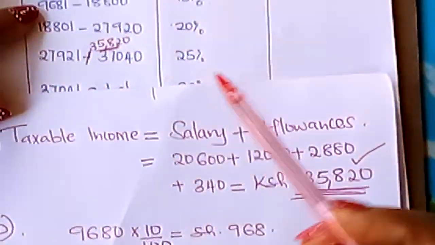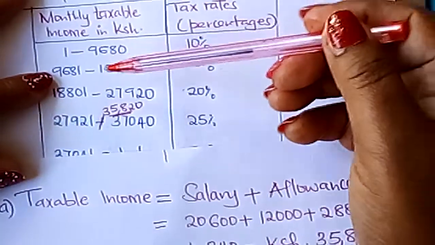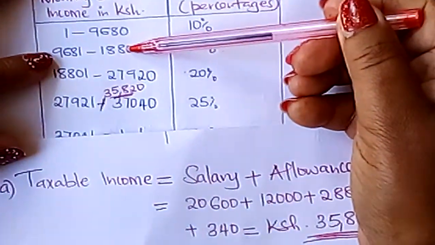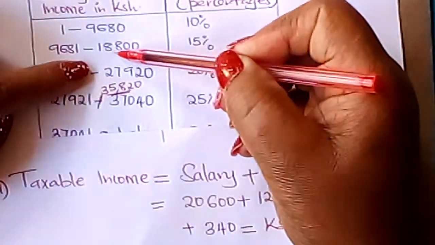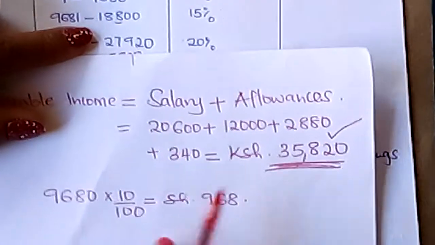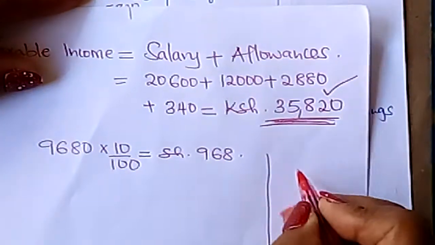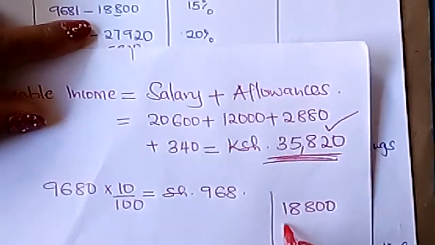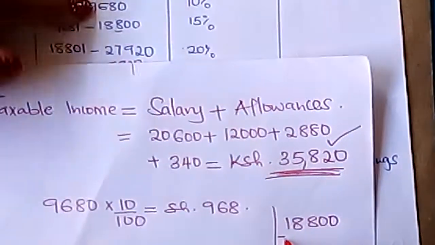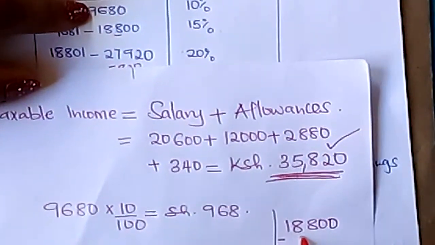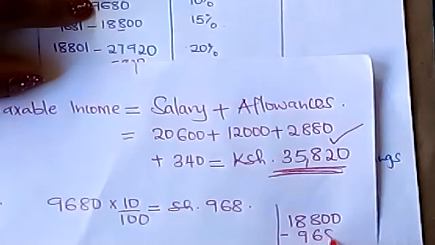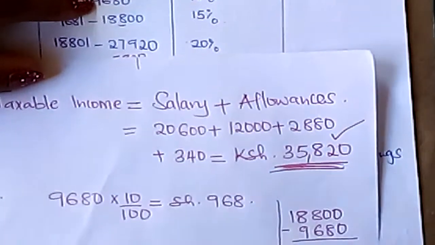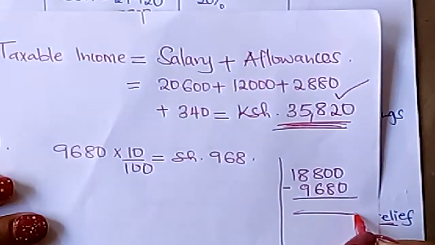We go to the second band, learner. How many shillings lie in this band? You take this figure here, 18,800. Then you subtract the upper figure here, 9,680, to get the amount in the second band.